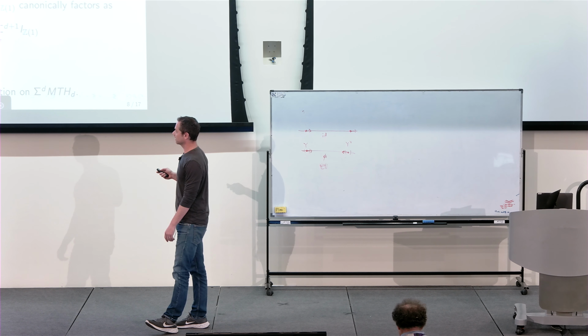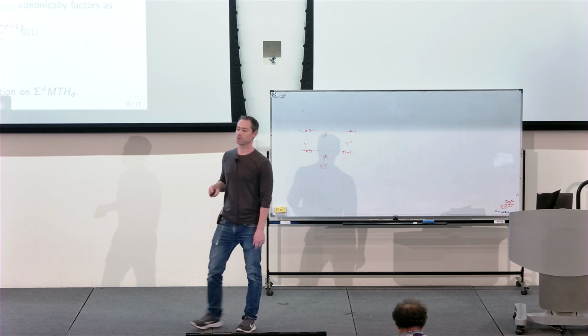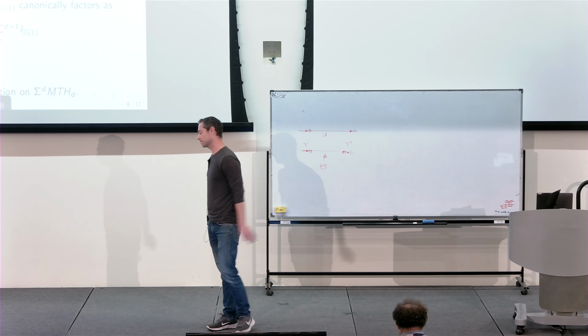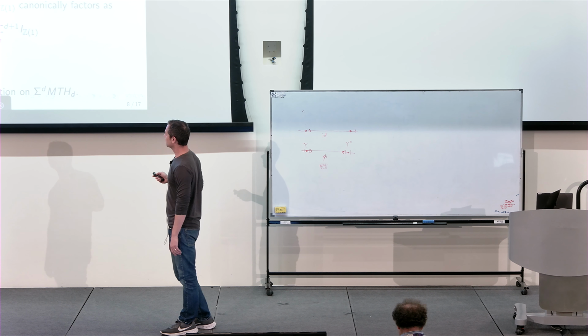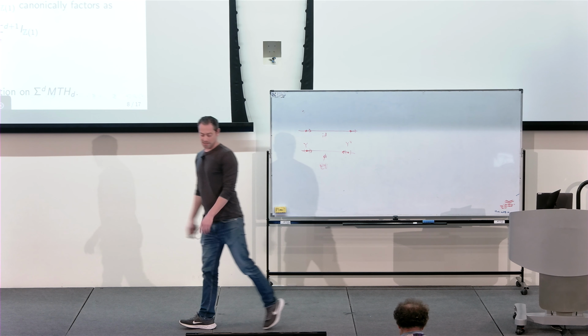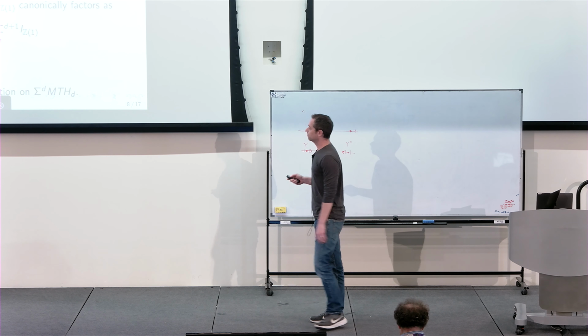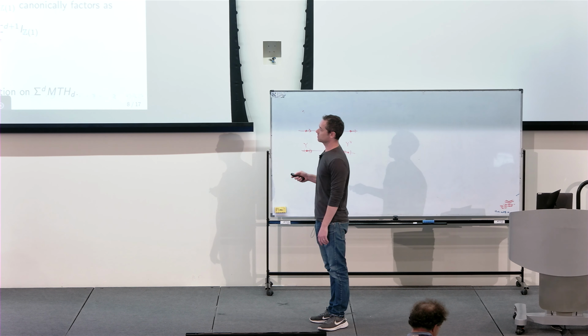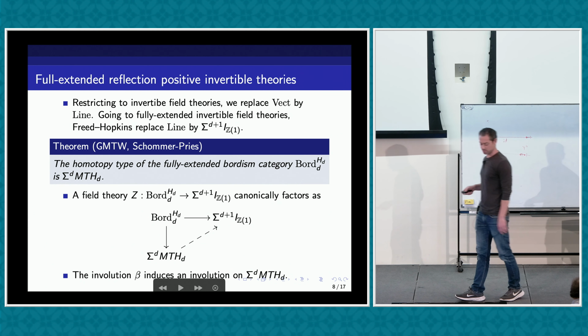But now it's at the level of not an infinity 1 category, but an infinity D category. So you first invert all morphisms, and then finally you invert objects at the end. So the point is, any field theory like this canonically factors through this group completion. And the space of all those maps from this corner to this corner is the same as the space of maps between the Bordism category and the target.